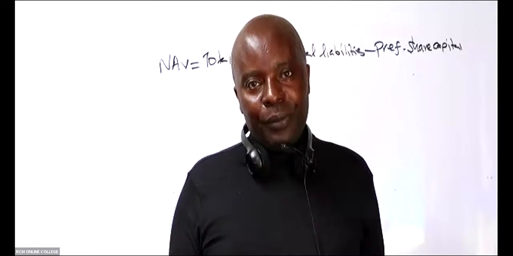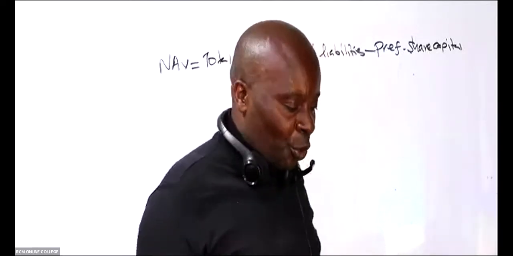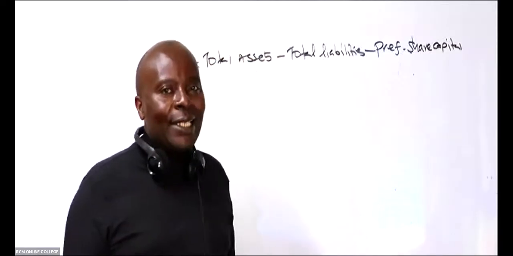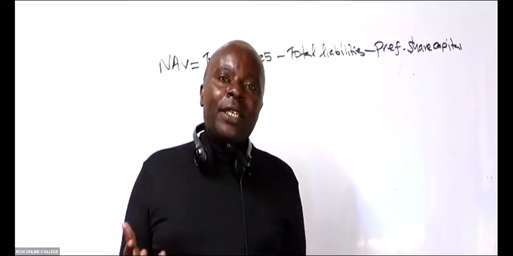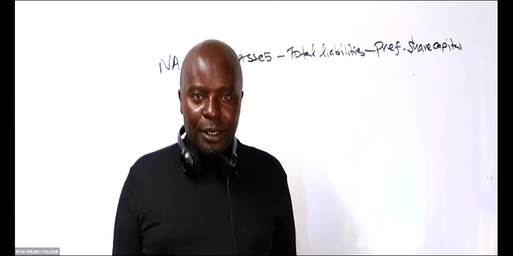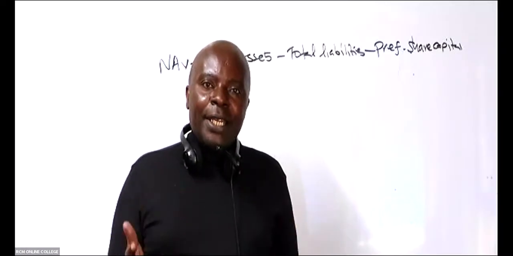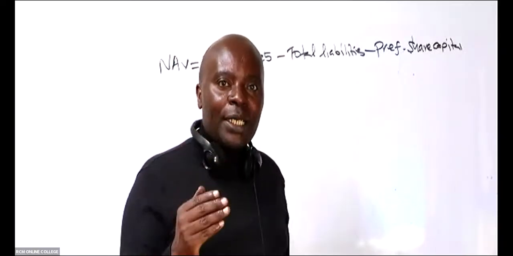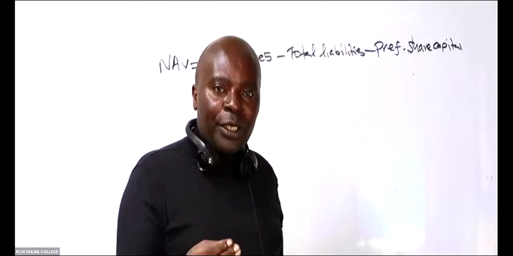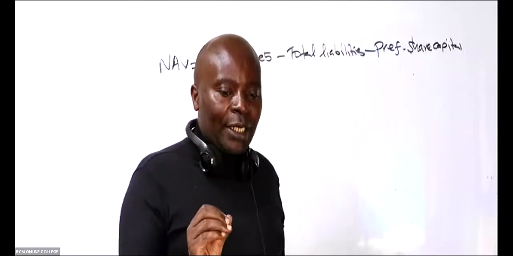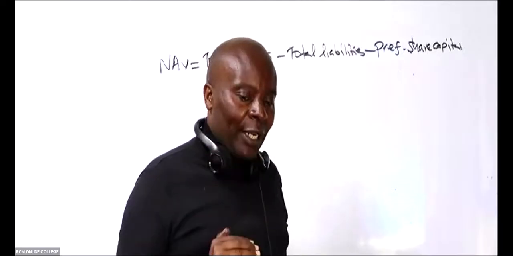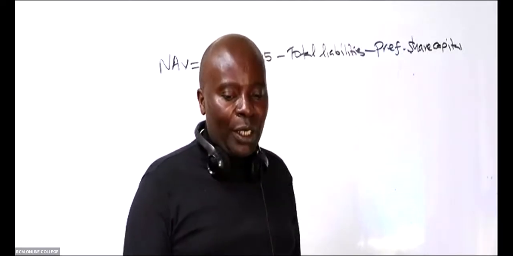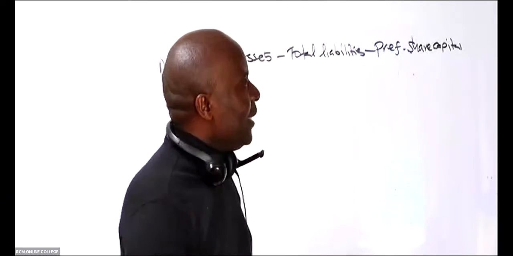Goodwill as part of assets: whenever you see goodwill, by the time you are selling this asset, it will not be having any goodwill. In this case, ladies and gentlemen, any intangible assets will always be subtracted. Whenever they talk of patents, trademarks, goodwill, intangible assets, whenever I'm getting net asset value, intangible assets must always be deducted.